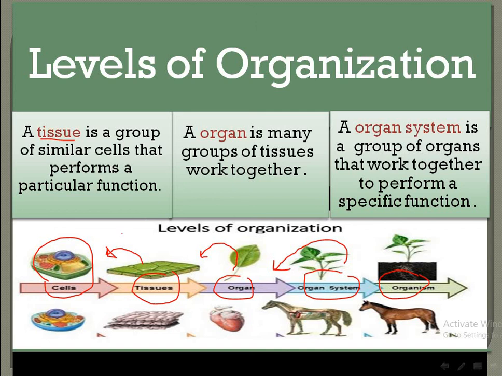The tissue is many cells making a particular function, then the organ is a group of tissues working together, and the organ system is a group of organs working together to perform a specific function, and an organism is a group of organ systems that work together.